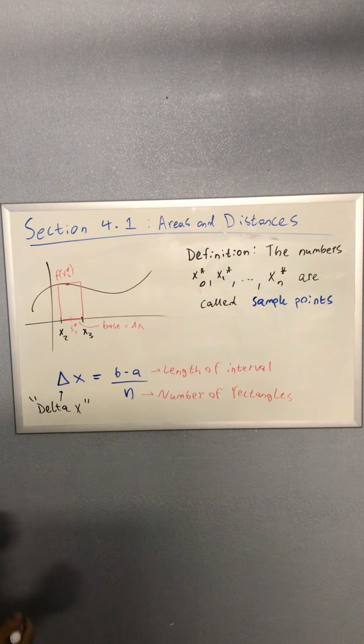So the base is delta x, the height is the value of the function at the sample point, and so this is the area that we get. So then we could call this A2, for example, since it comes from the second sample point. This is just going to be delta x, the base, times the height, or f of x sub 2 star.